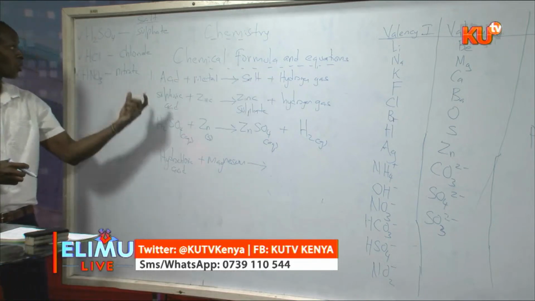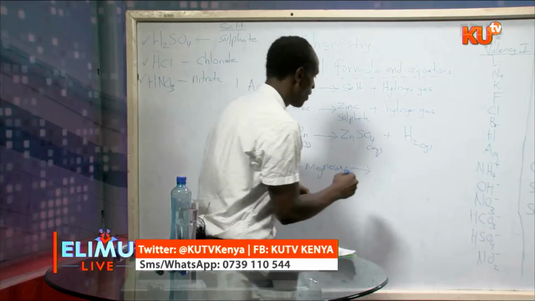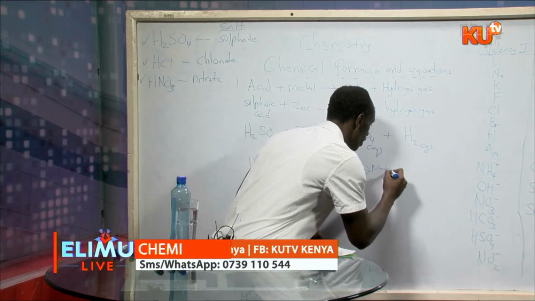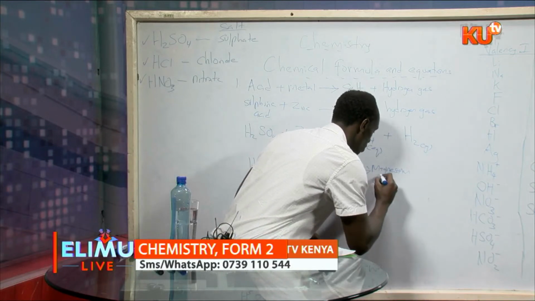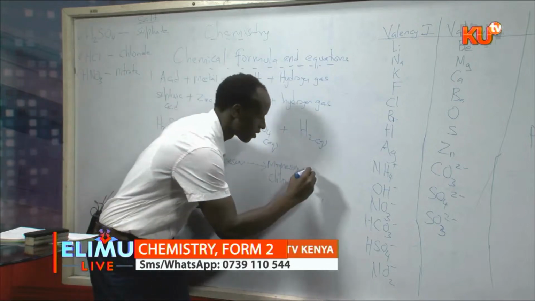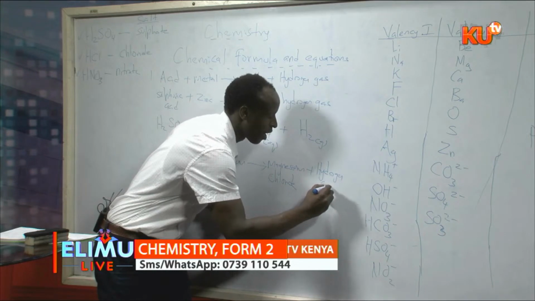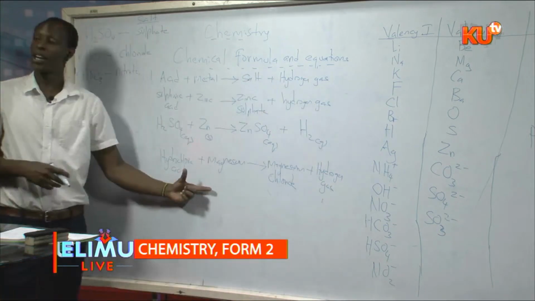If you are using hydrochloric acid, the salt should be chloride, so automatically the name of that salt will be magnesium chloride, plus hydrogen gas. That's what you get. This is a word equation.